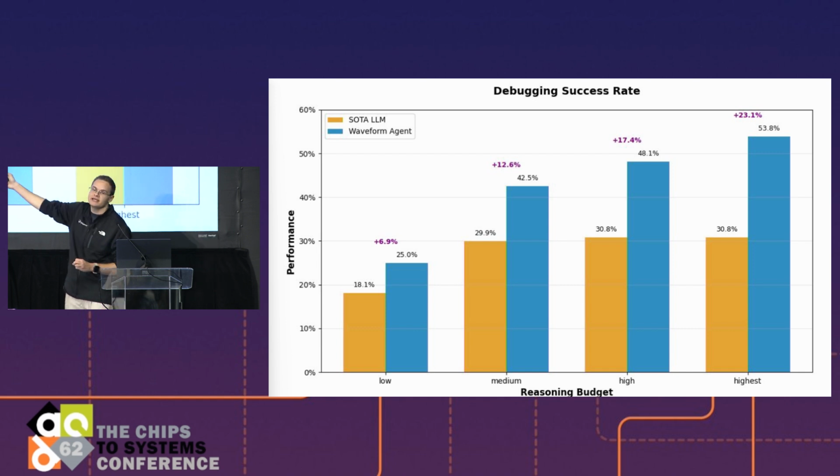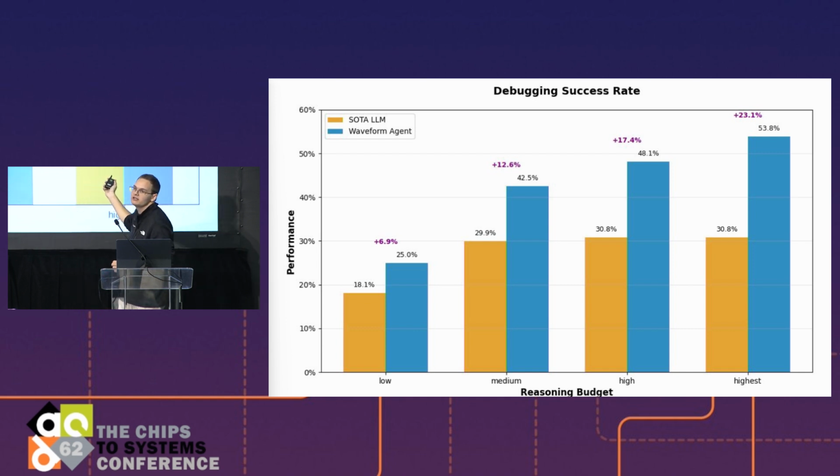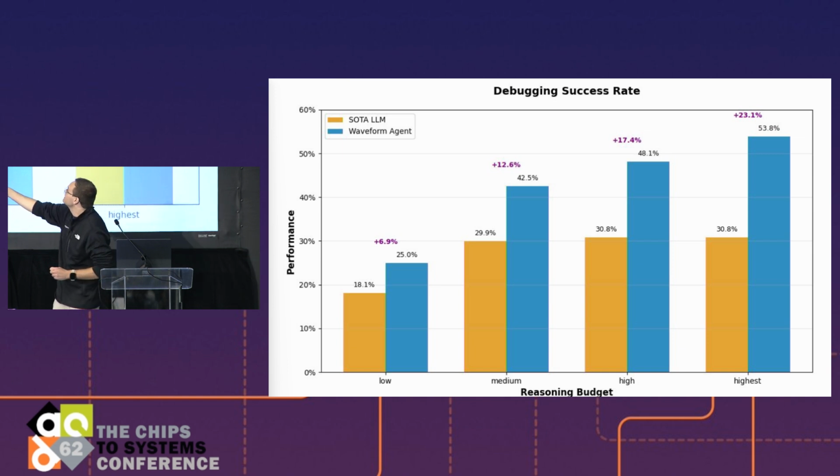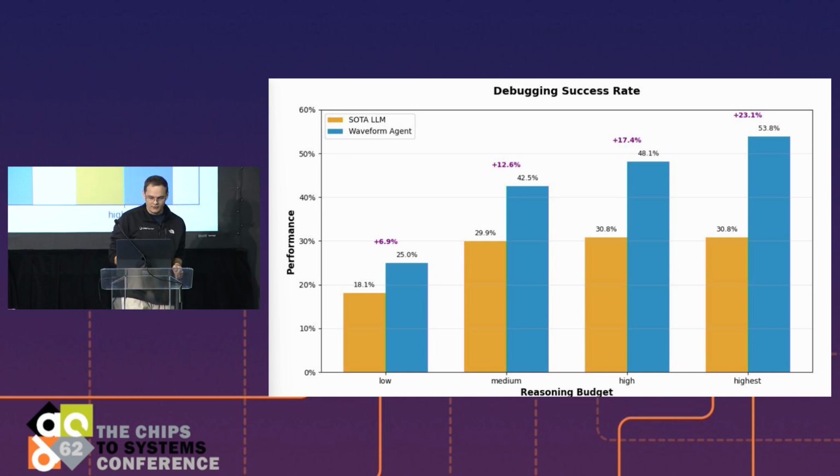So it's not getting any better with each increase of the reasoning budget. Whereas with waveform agents, you can see it's constantly increasing, all the way up to even 53%. And so it's really exciting to see these numbers, especially on such a benchmark that is supposed to be realistic.